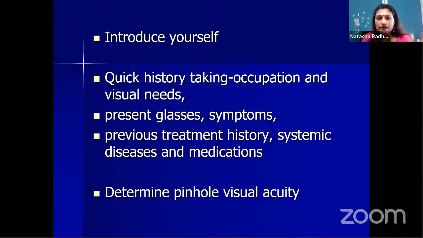When you do a pinhole visual acuity, please be sure that the pinhole is actually in front of the pupil of the patient. Tell him that there is a hole there, that he should look through that hole at the chart and read. Sometimes they don't align, and especially in some patients, the pinhole visual acuity turns out to be less than what they actually read without the pinhole. That is very important.